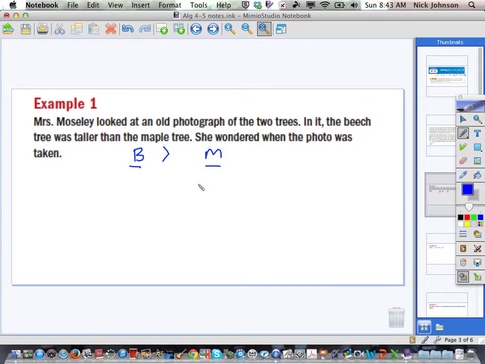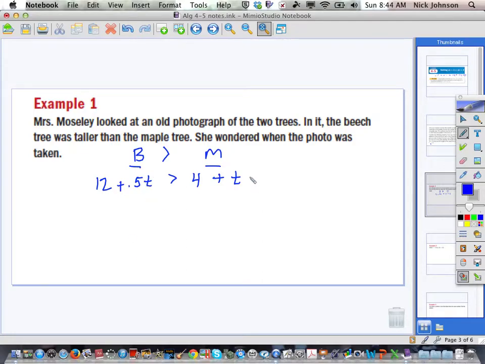Pretty simple. So let's put in our two equations. 12 plus 0.5t has to be greater than 4 plus t. Okay? And it will give her a roundabout idea of when that picture was taken.